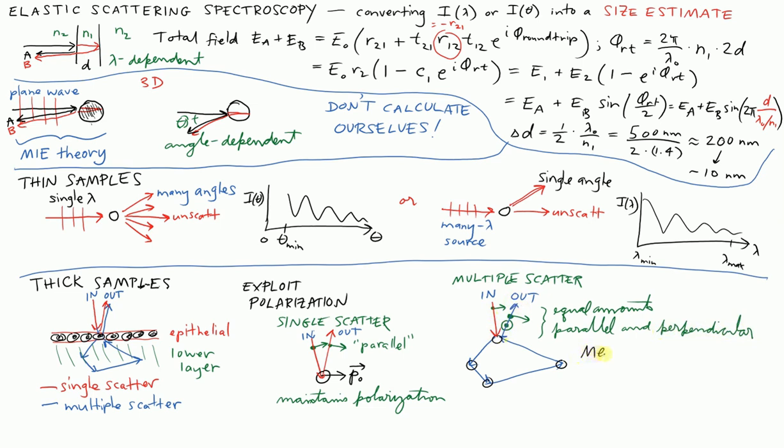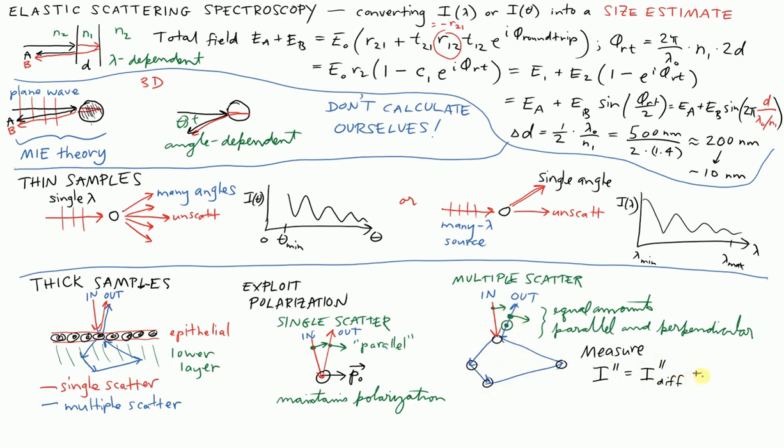So the measurements that we make to do this polarization trick are we measure the total intensity that comes back to our detector parallel to the incident polarization, and that's going to be a combination of two components. It's going to be the parallel component of the diffuse light, I diff. Here's the diffuse light, or multiple scatter, and some component of that is going to be parallel.